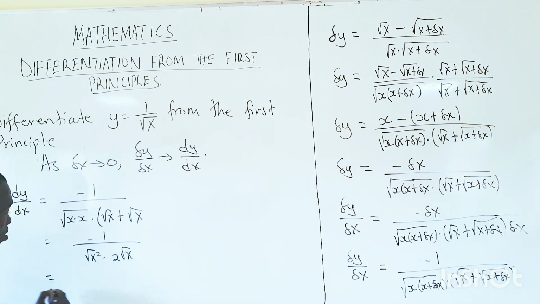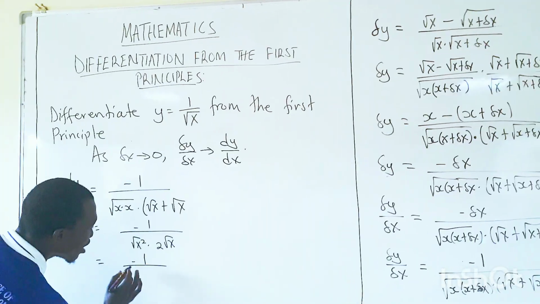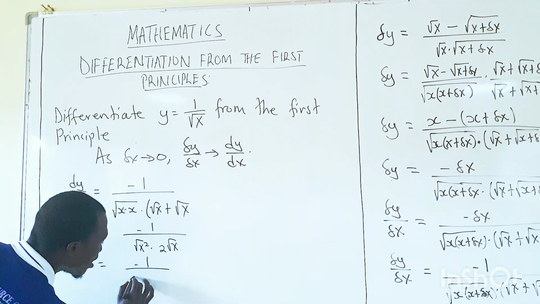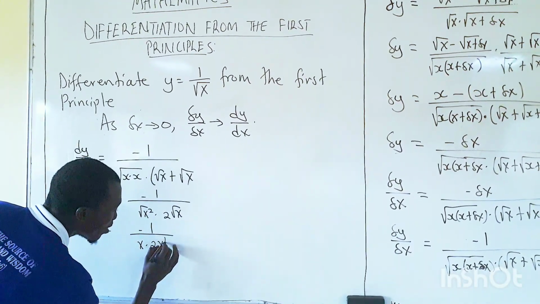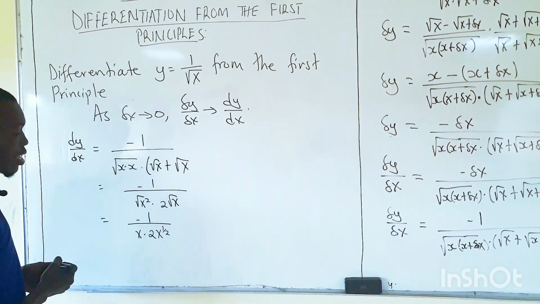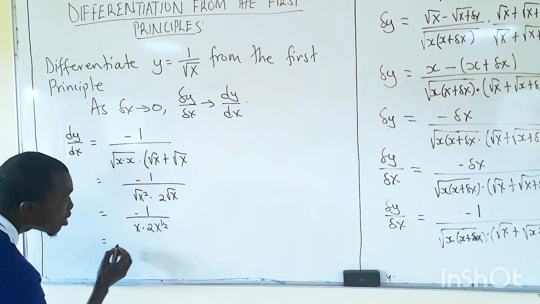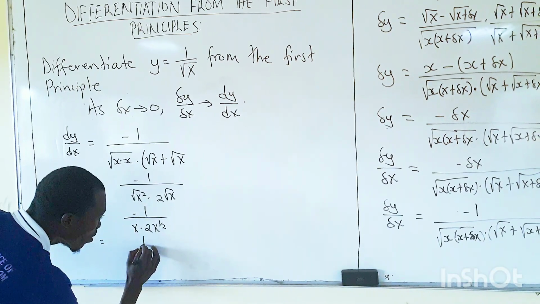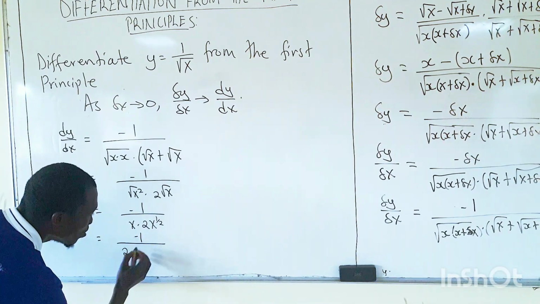Then this will be the same as negative 1 over 2x times 2x to the power a half, because root x is the same as x to the power a half. So our answer here will be negative 1 over 2.